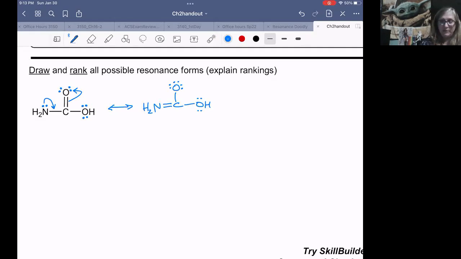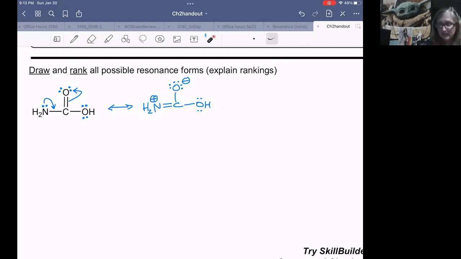And we're going to have some formal charges as well. We have a positive charge on the nitrogen and a negative charge on the oxygen. Furthermore, I could use the oxygen lone pair.